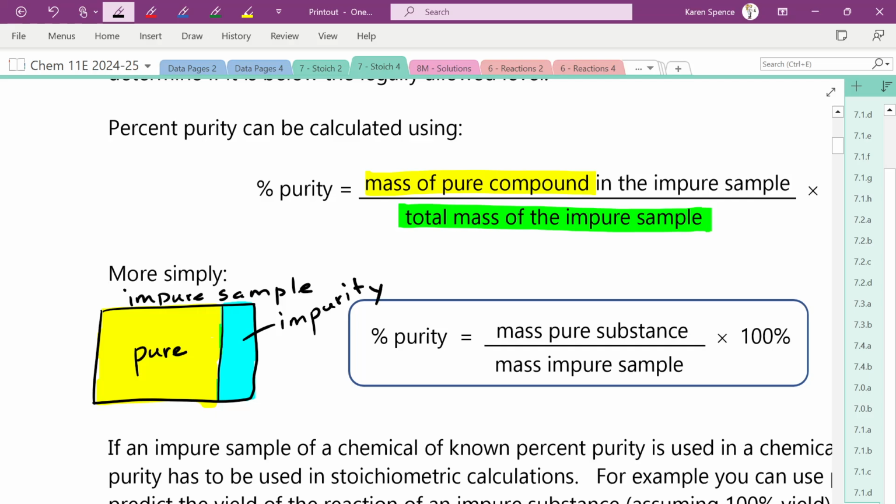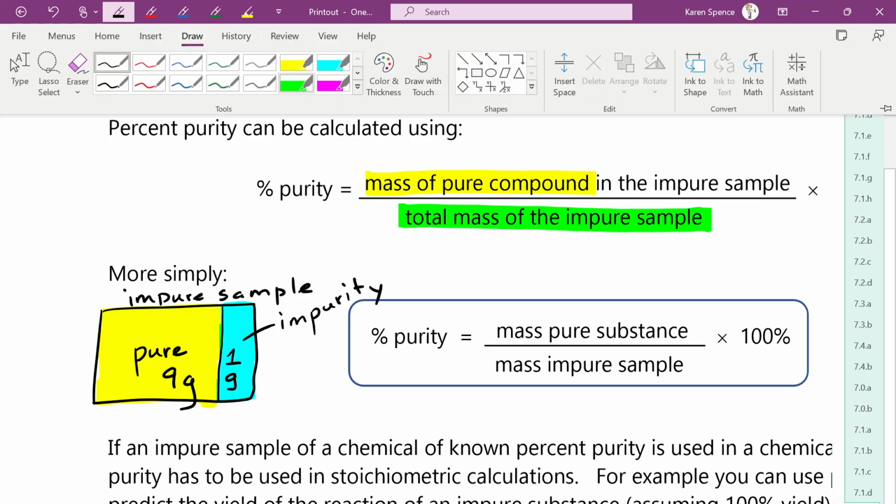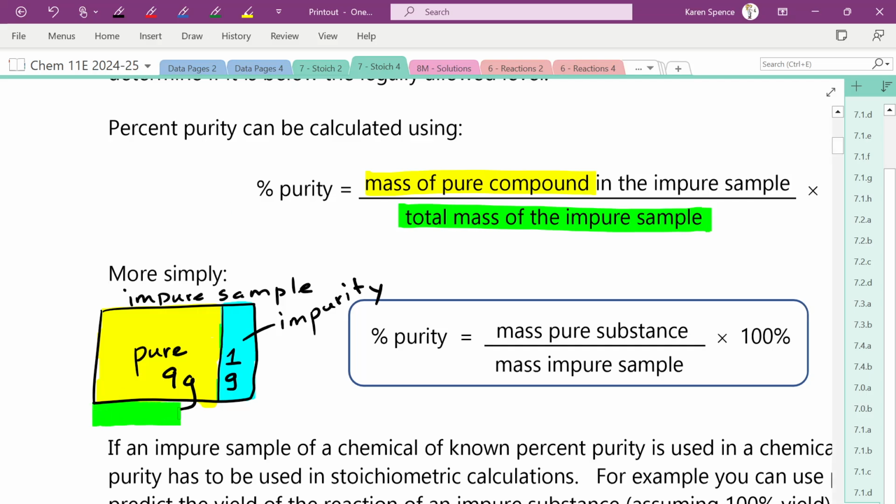Now, it wouldn't be blocked out like this. It would be mixed in, but I just want to make it really easy to see. So let's say we had 9 grams of the pure substance and 1 gram of the impure substance. What that would mean is that the whole impure sample would be 10 grams, yes?